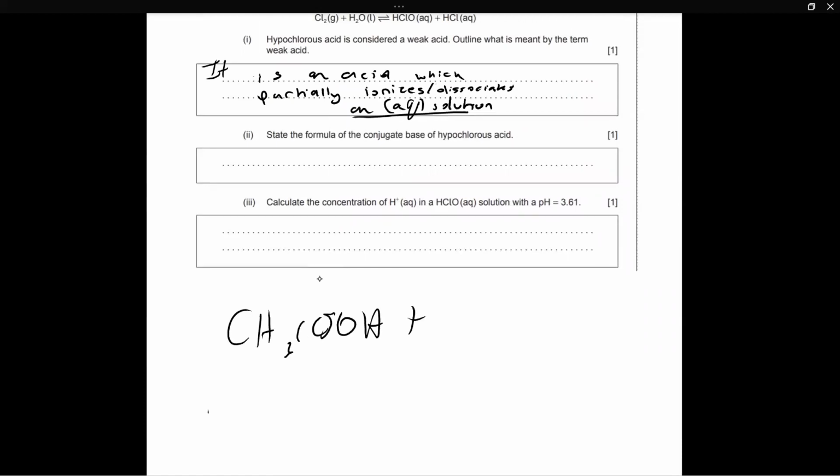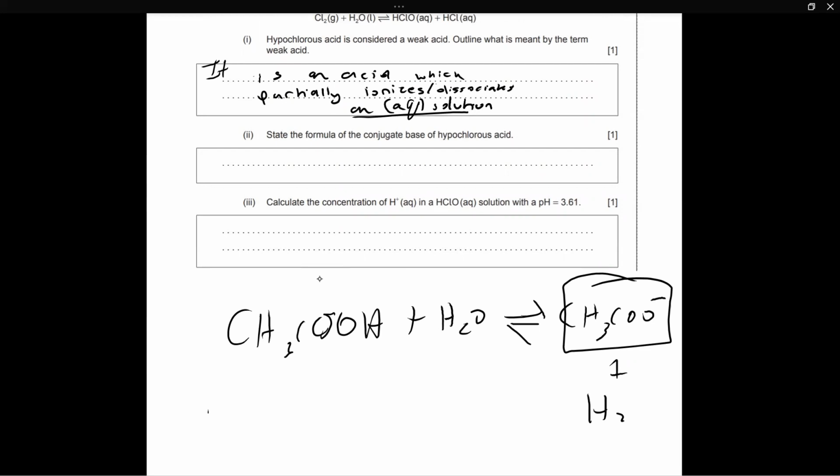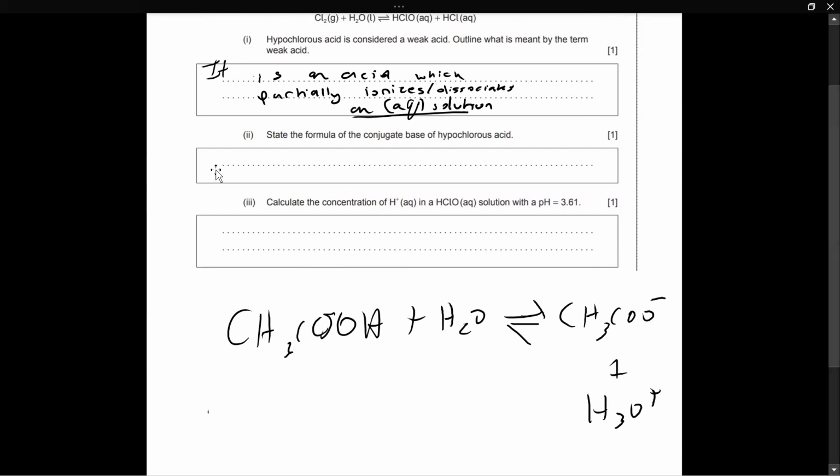For example, we saw that CH3COOH, ethanoic acid, reacting with water and partially ionizing, gives CH3COO−. This is the conjugate base, once it's given off this hydrogen to water.